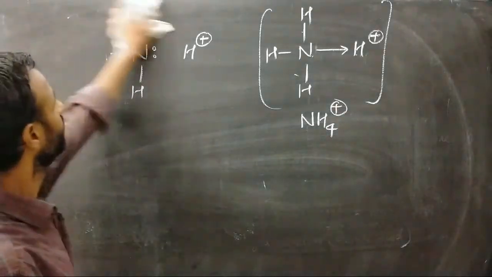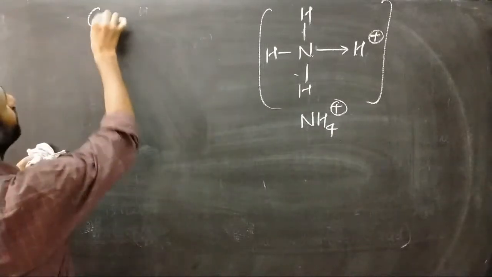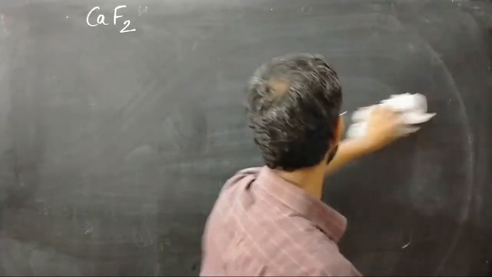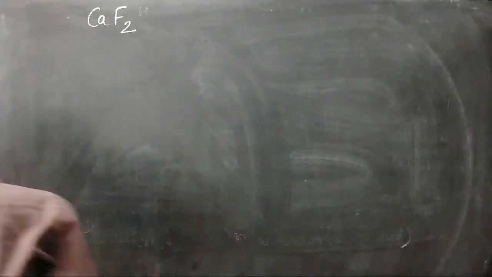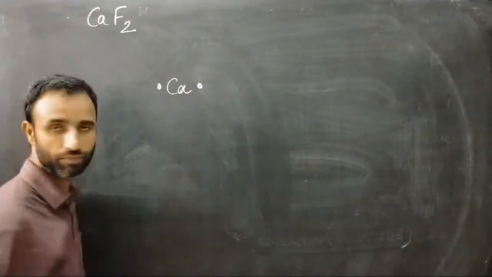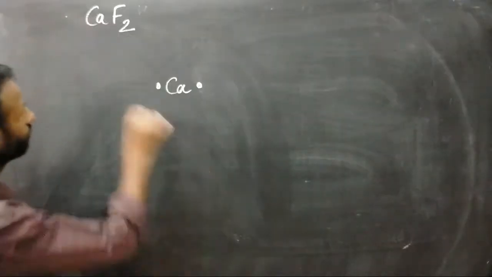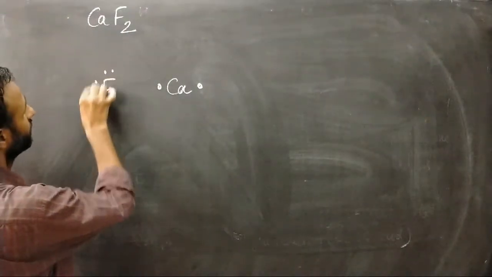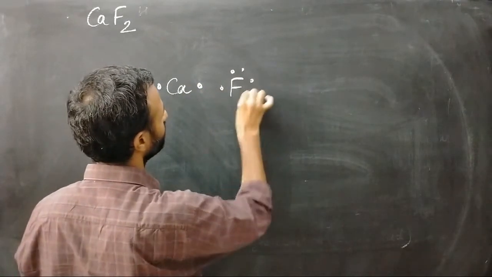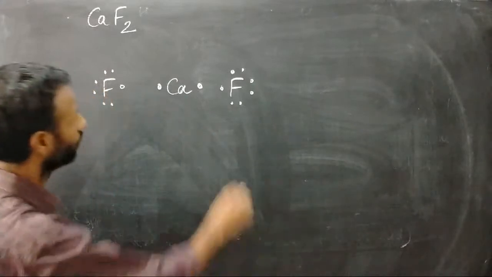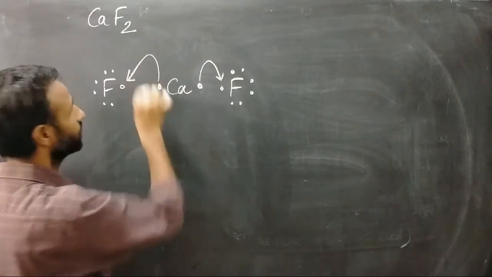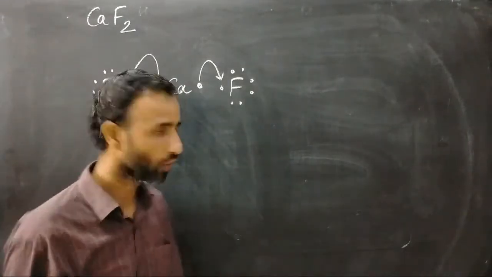Okay. Now CaF2. In CaF2, you know calcium has 2 electrons. Am I right? Fluorine has 7 electrons. So calcium will donate 1 electron each to the fluorines.